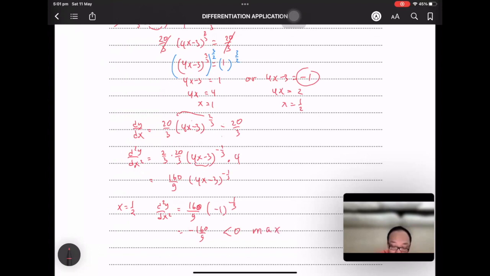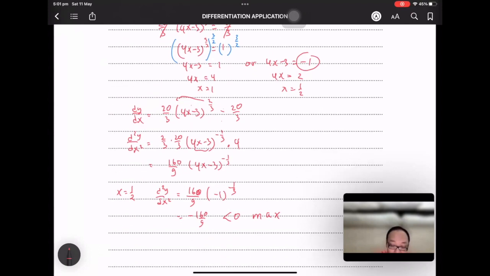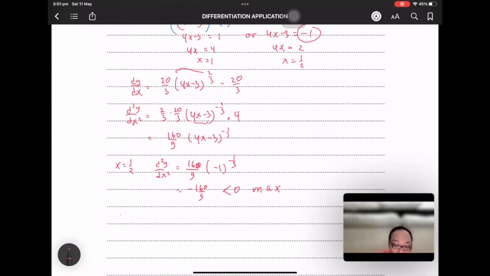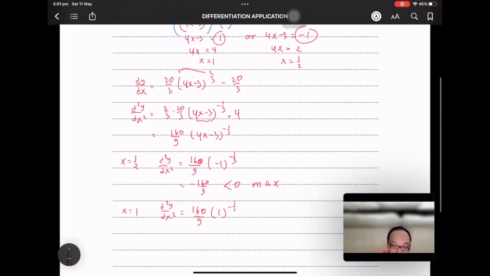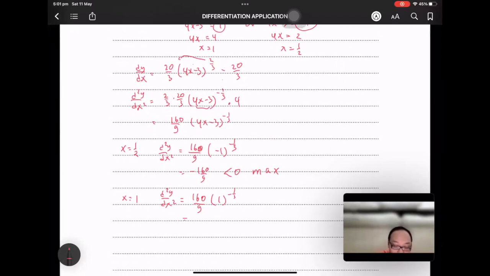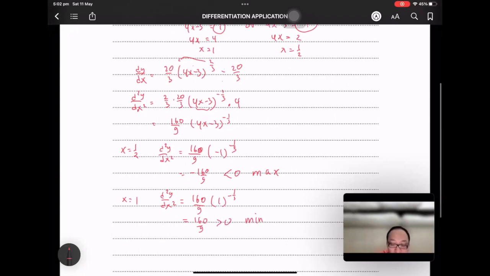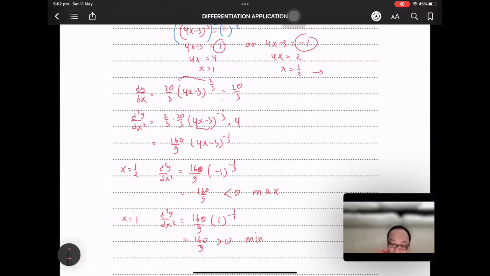That means it is a maximum point. When x equals 1, the second derivative will be equal to 160/9 times the 4x - 3, which is equal to 1. So it's positive. So this is a minimum point. So this one will be the maximum, and this will be the minimum.